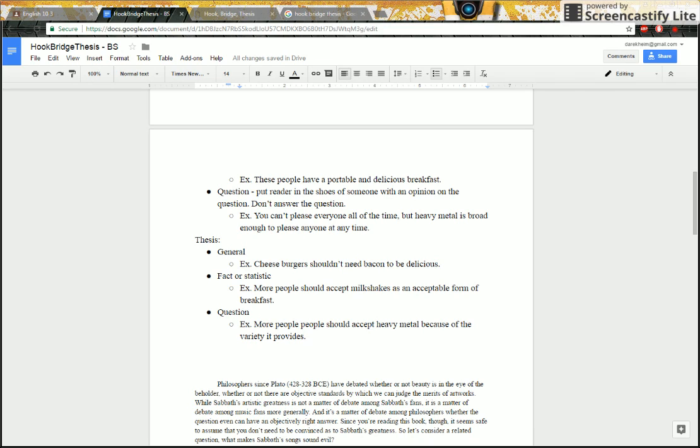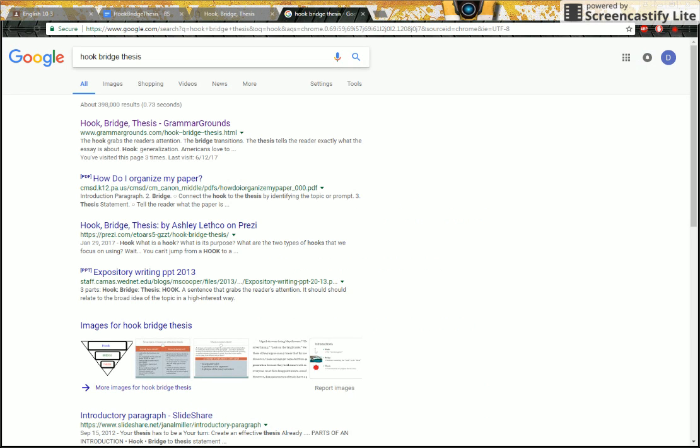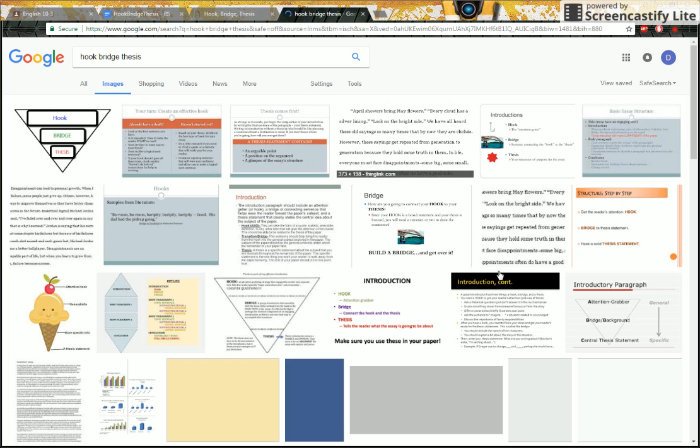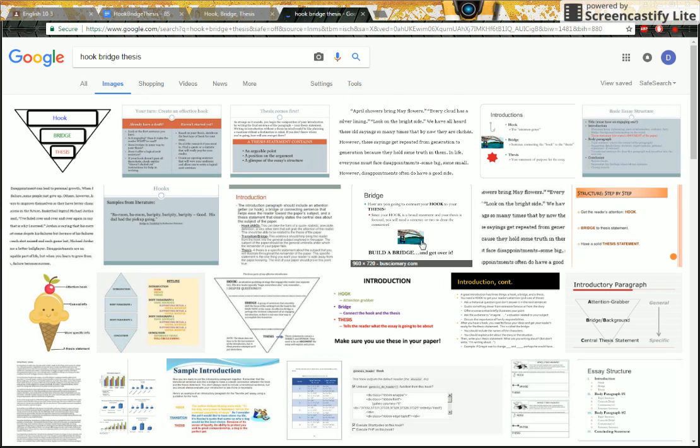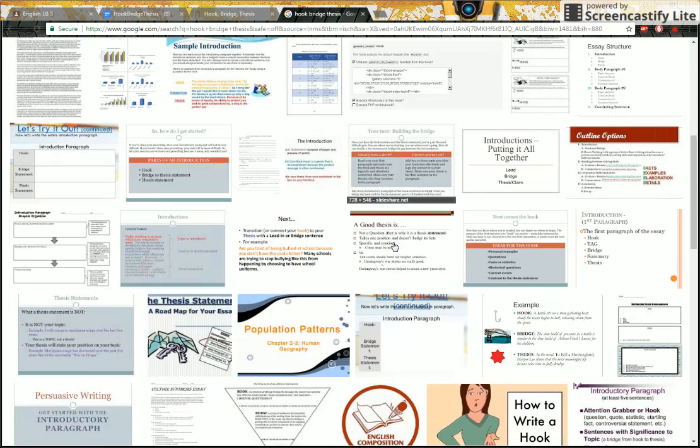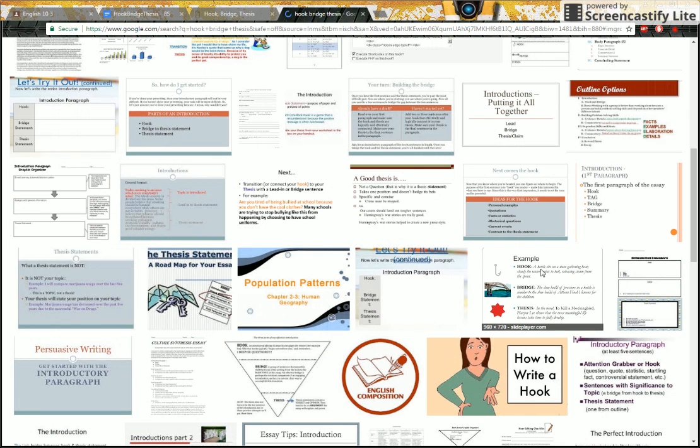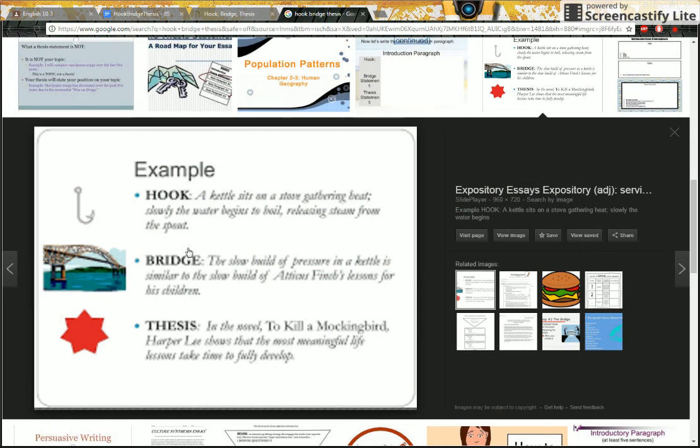Now before we conclude, I'll show you a couple really quick resources. If you just Google hook bridge thesis, you can go to images and find a few slides people have put up. Scrolling down a little, I found one earlier. Here's just an example of a hook, bridge, and thesis about To Kill a Mockingbird.